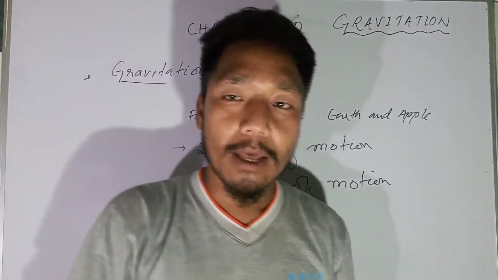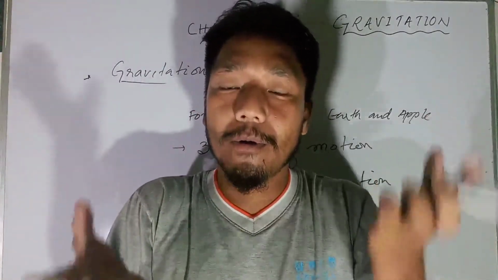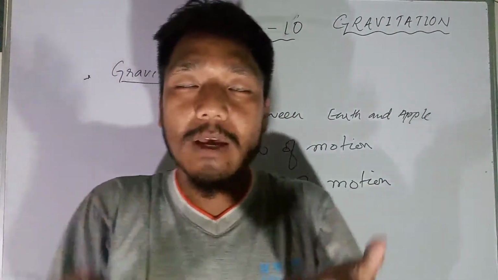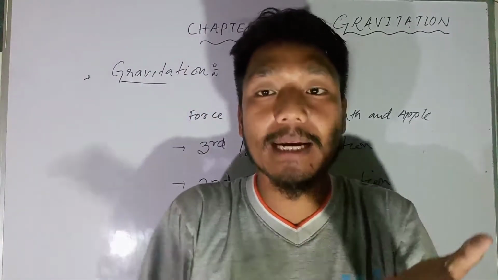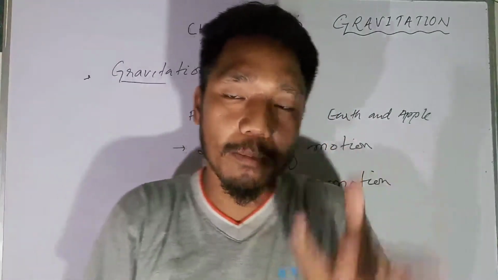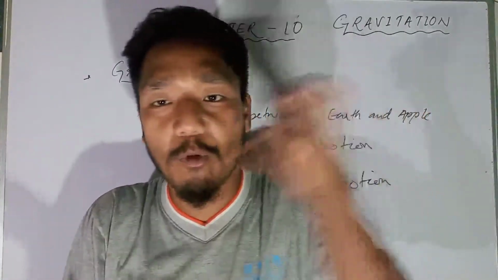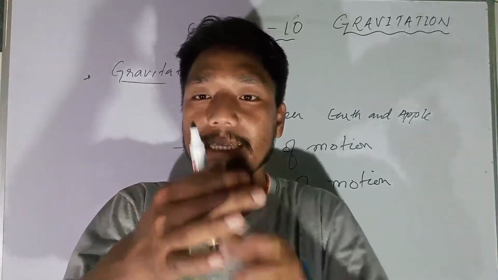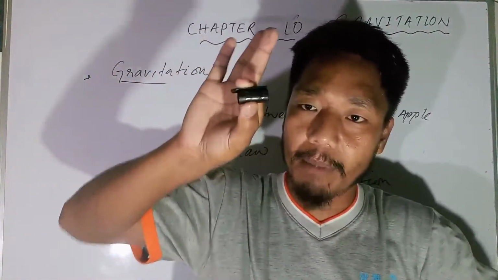But the mass of the moon and the mass of the earth are somehow considerable. That is why the moon does not fall toward the earth. But if I throw a stone, or this pen, this cap, it also has some mass.